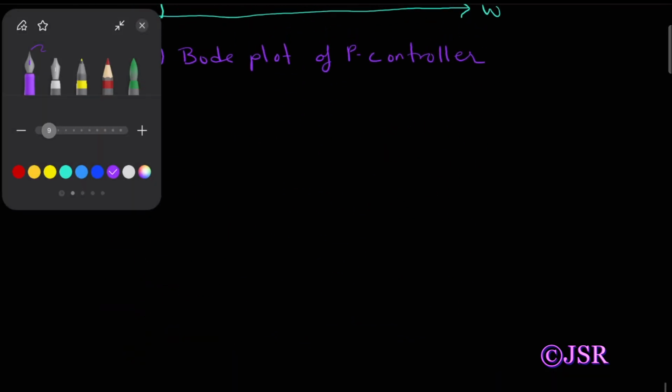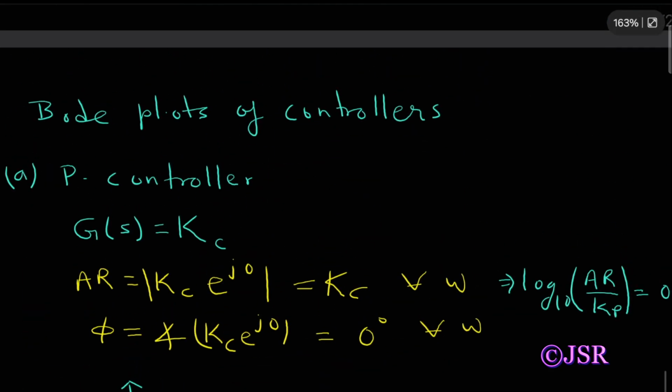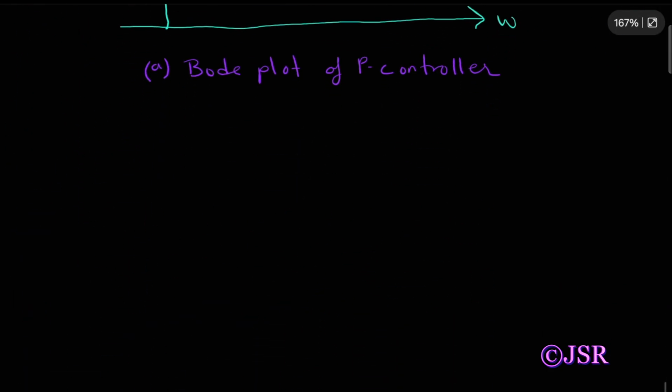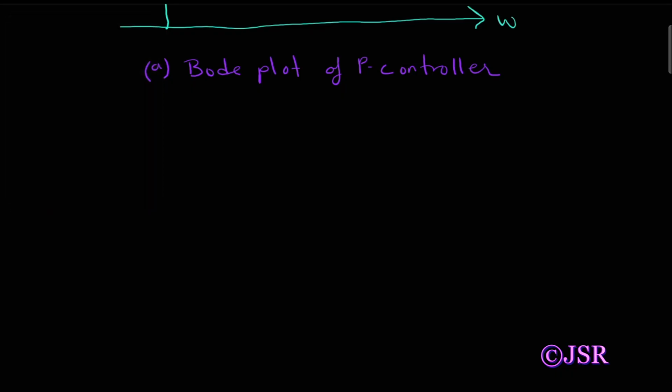So in the next section, section B, we have, let's say, PI controller.